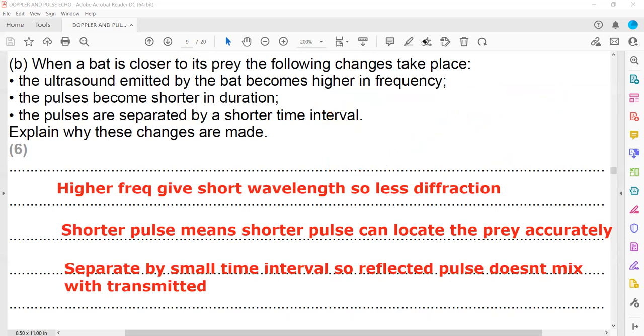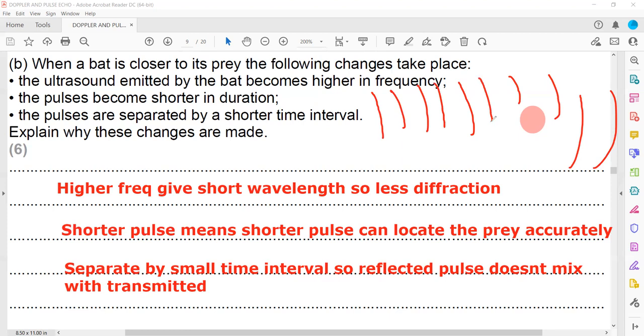So this is a prey. When it is emitting longer wavelengths, instead of reflection, diffraction can occur. But when we use shorter wavelength, mostly the wave will bounce back, with less diffraction.